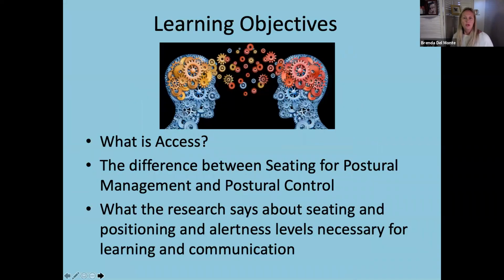So this is about access, and a lot of times as speech language pathologists we decide that that is not our domain, or we know it's not our domain. However, there are a few things that you need to know that drastically improve the access, especially to communication devices.